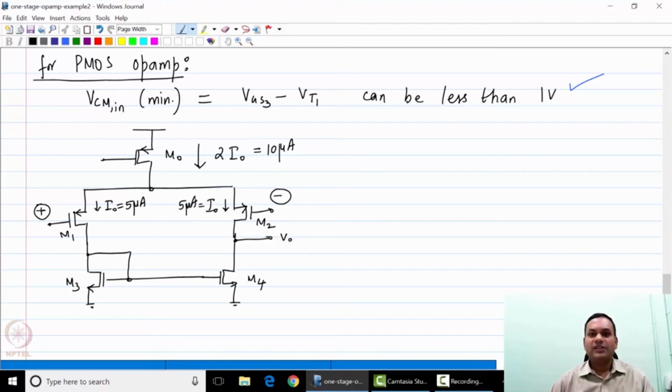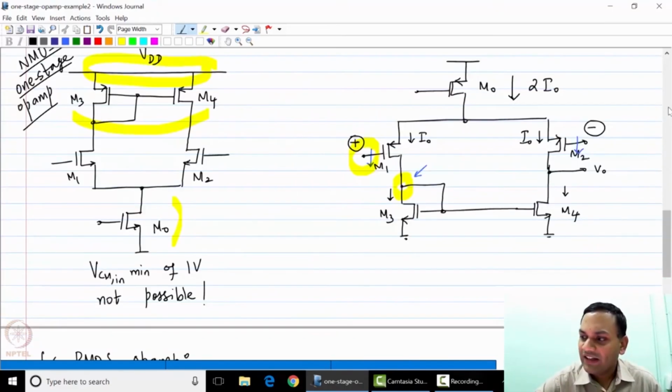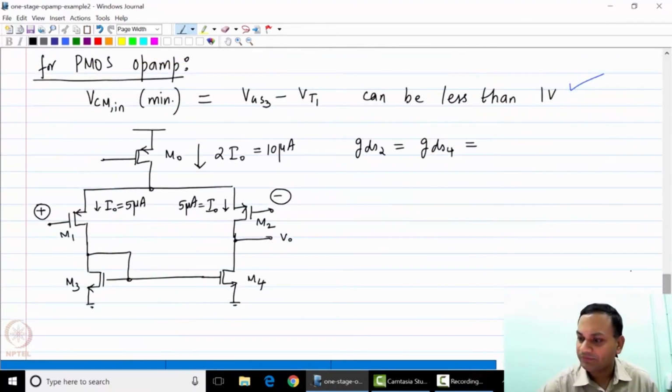Now based on this, we can calculate the W over L, etc. So let us come back to the expression for GDS2 and GDS4, because the minute you know the bias current, you can calculate the value of the length of the device. So as you can see, GDS2 is equal to GDS4 is equal to 0.5 microsiemens.